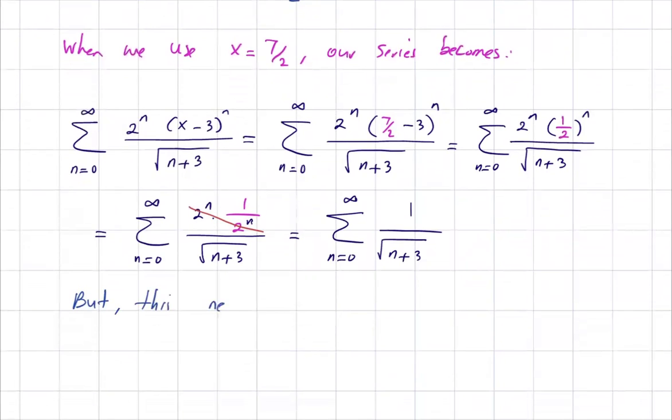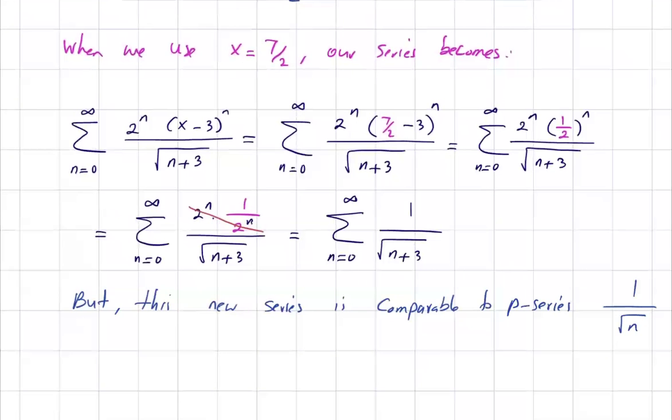This new series is comparable to the p series 1 divided by square root of n, which is divergent. P in this case is a half, and p is less than 1, so you get a divergent series.